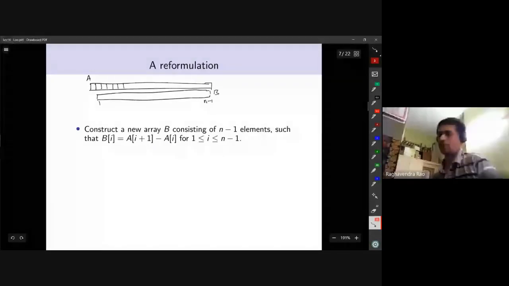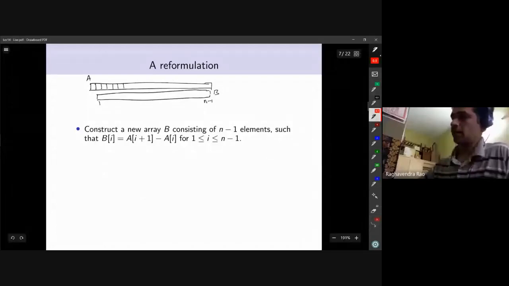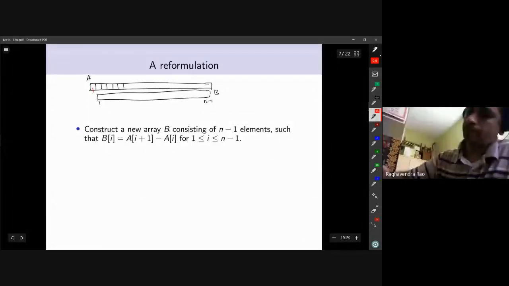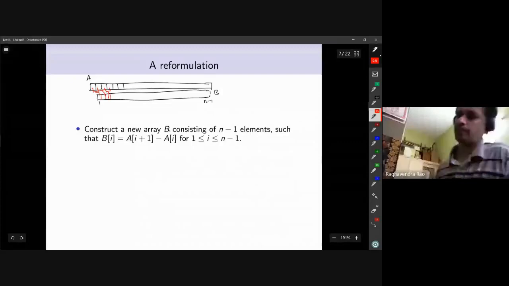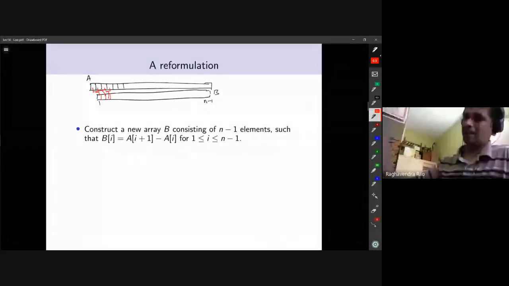That is, ai plus 1 minus ai. In other words, you just subtract these two and put it here. Subtract these two and put it here, and so on. So there are exactly n minus 1 elements in this new array.